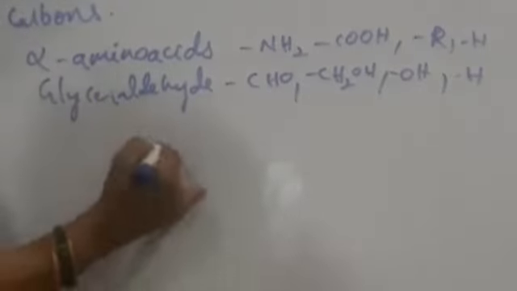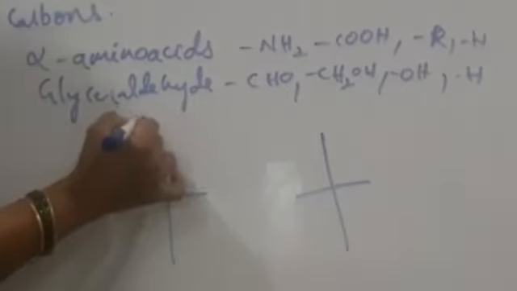And configuration of glyceraldehyde is given as L when the OH group is present at the left hand side and CHO is present at the top. So we can give two notations for glyceraldehyde with the Fischer projection formula.